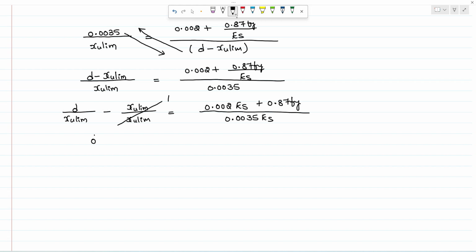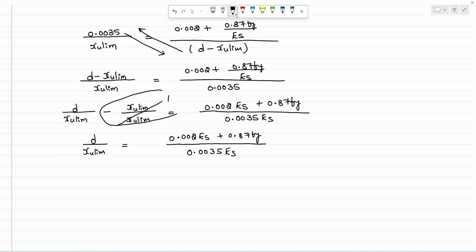So D divided by XU limit equals 0.002 ES plus 0.87 Fy divided by 0.0035 ES. Here it is minus 1 on the left hand side, so then it will become plus 1.